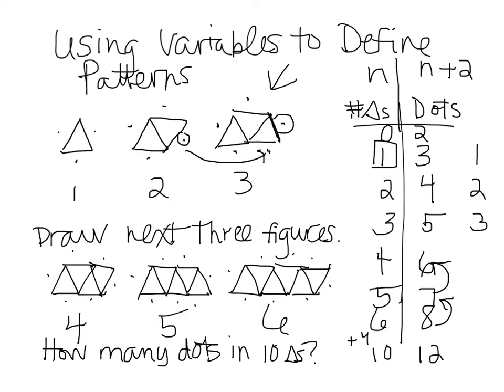The other part of this, though, we haven't done. We haven't reviewed how you go from that to a graph. We said with 0 triangles, there were 2. With 1 triangle, there were 3. 2 triangles, there were 4. 3 triangles, there were 5.